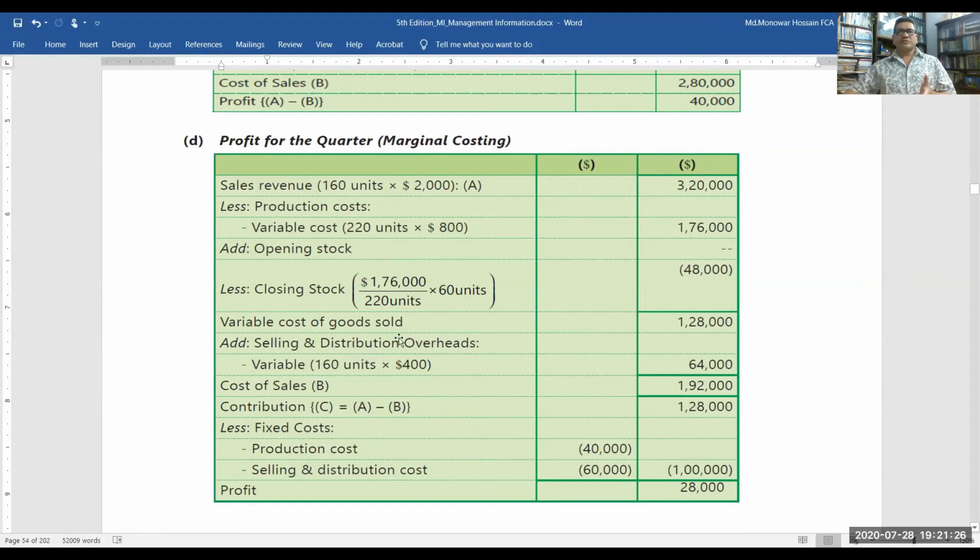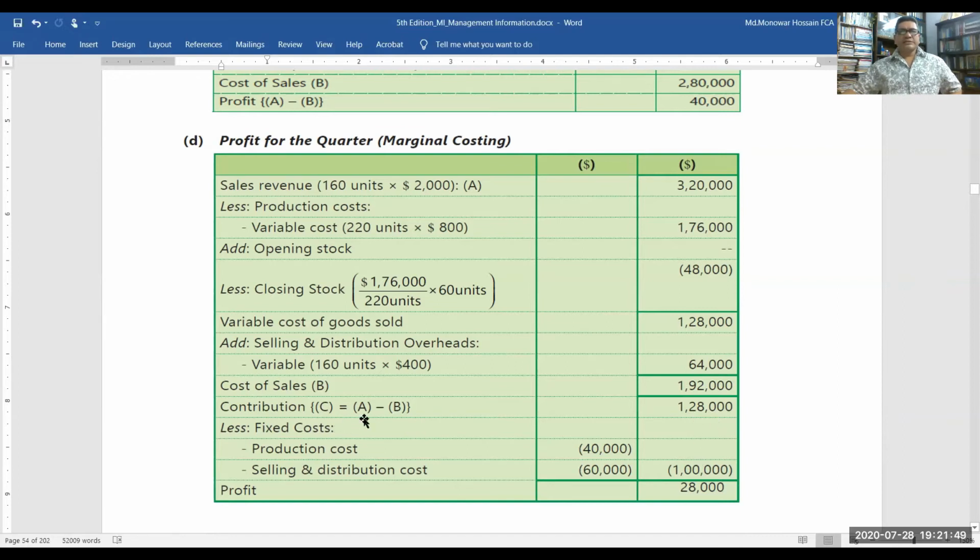So the variable cost of goods sold is 1,28,000. Adding selling and distribution overhead, variable, 160 units multiplied by 400, gives 64,000. So the cost of sale is 1,92,000.